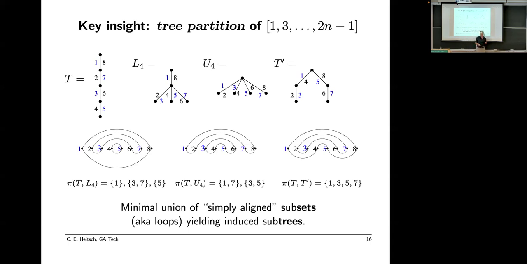So this is how the even indices come into play as well. So I need to have my partition that I'm getting. I start with these closed loops, and then I take the smallest union of the closed loops such that I get induced subtrees in both of the trees that I started with. All right.